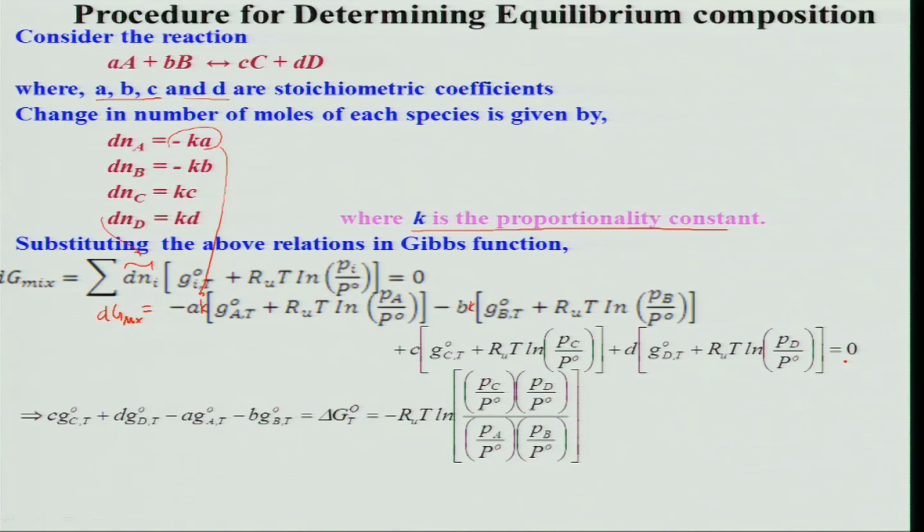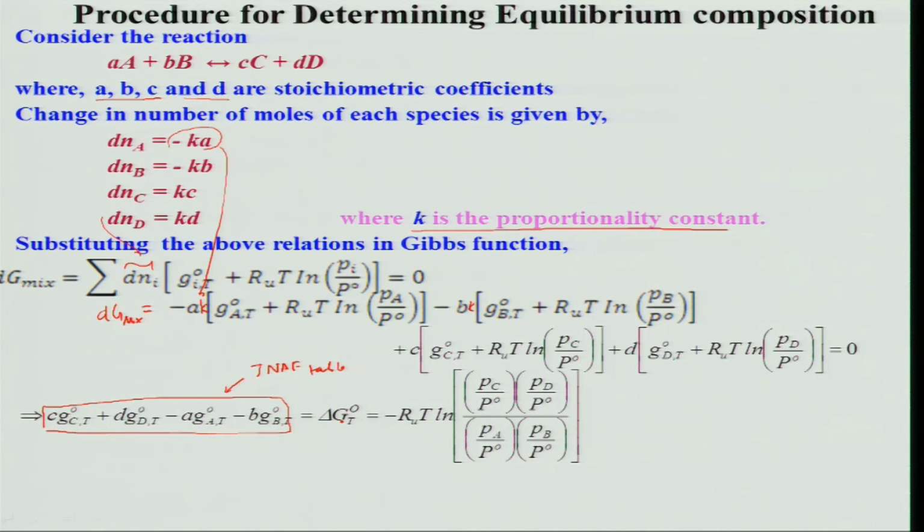So, if I do what I will do now, I will basically rearrange these equations. I will put this G C T corresponding to the standard state, like C and D. This portion is basically delta G naught, corresponding to the standard state and temperature, and you can get these from the JANAF table.